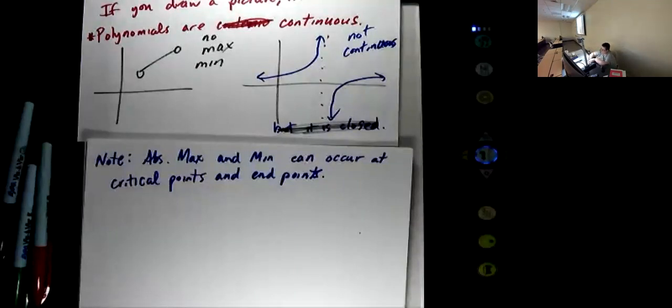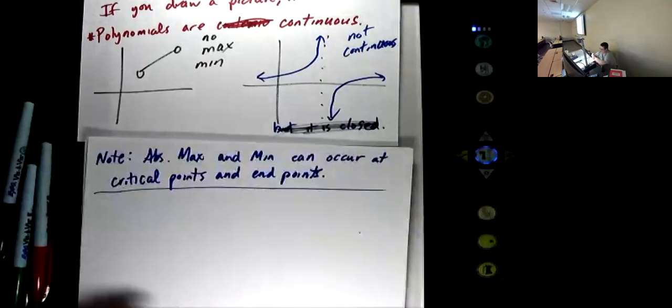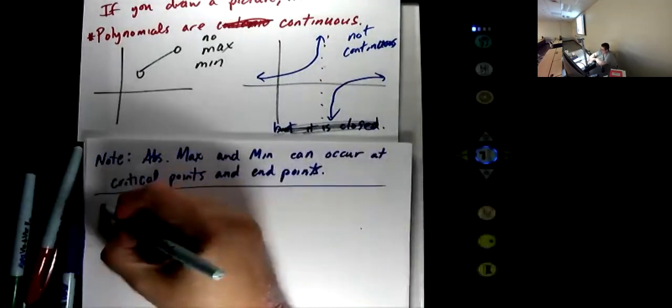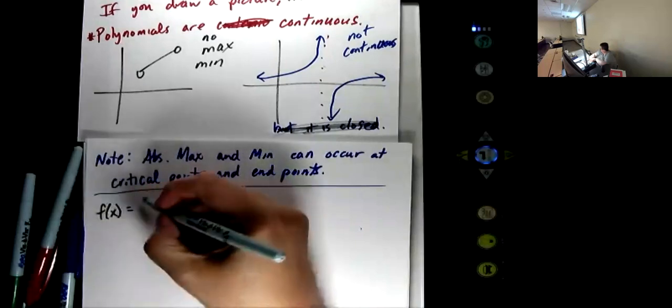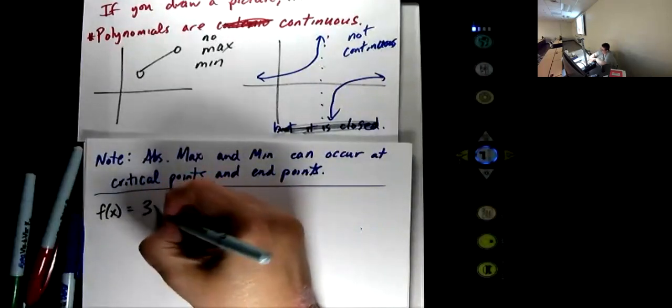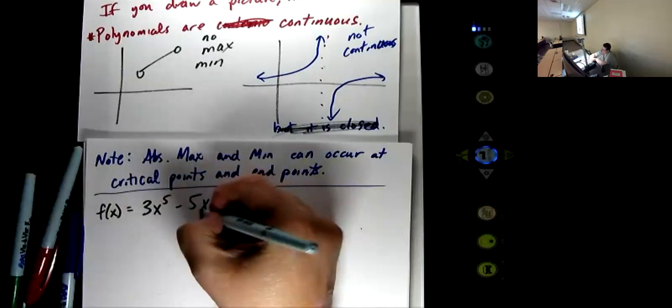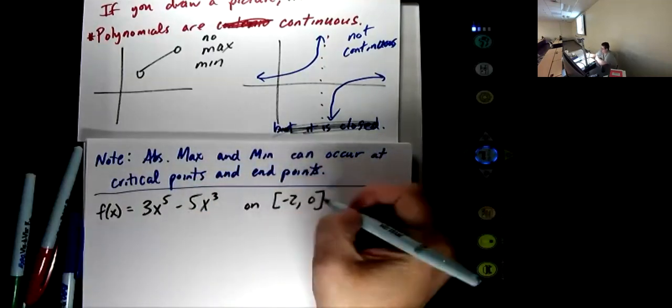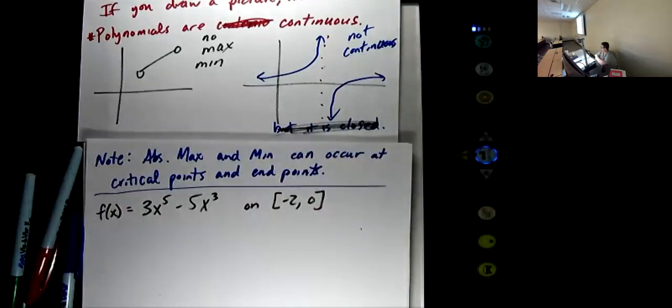So let me give you another example. And I'll have you guys work through it and we'll do it together in like 10 minutes. f of x equals 3x to the 5th power minus 5x cubed on -2 to 0. So we have a polynomial, it's on a closed interval.